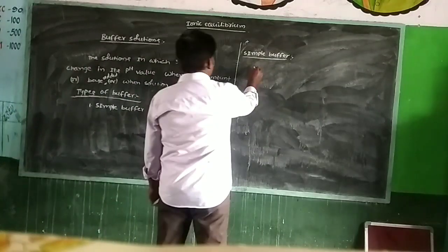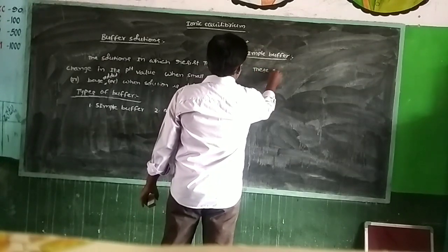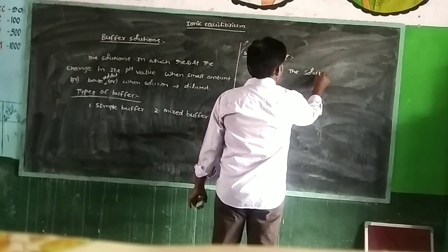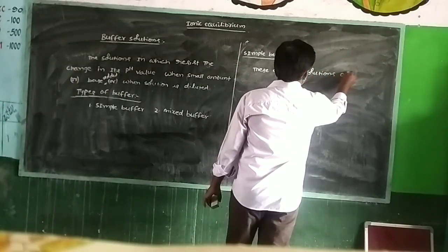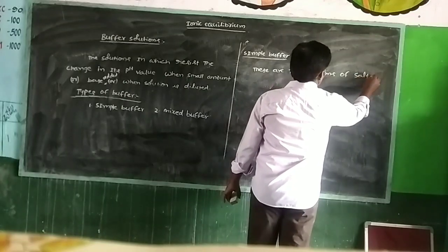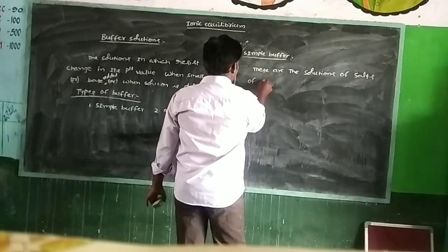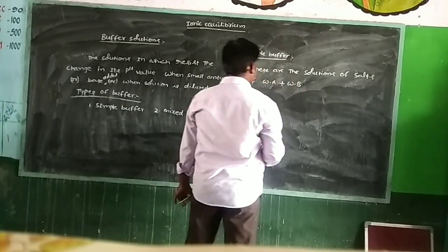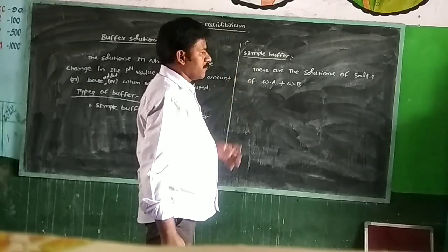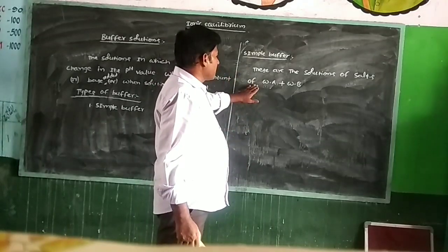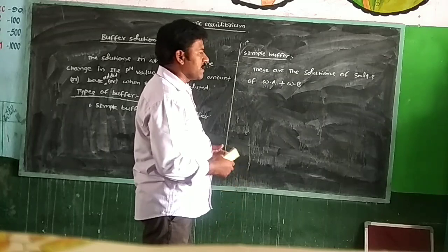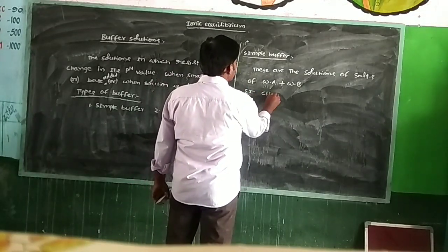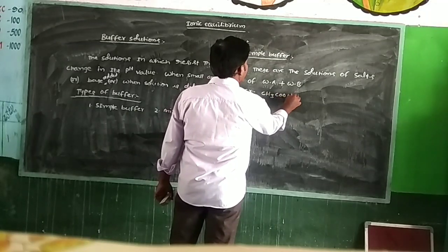These buffers are prepared from salts of weak acid plus weak base. For example, CH3COONH4.